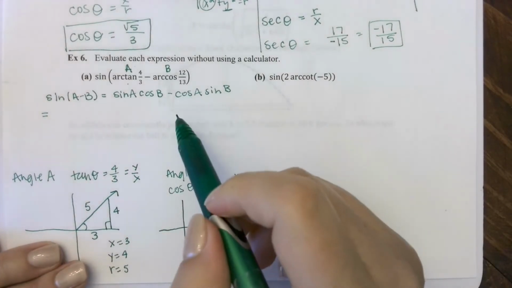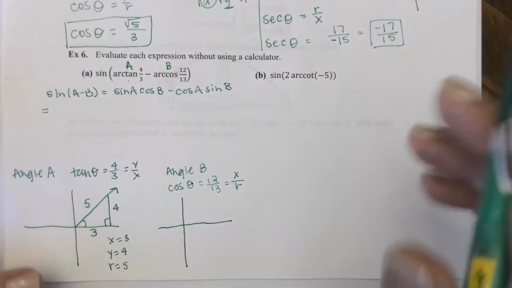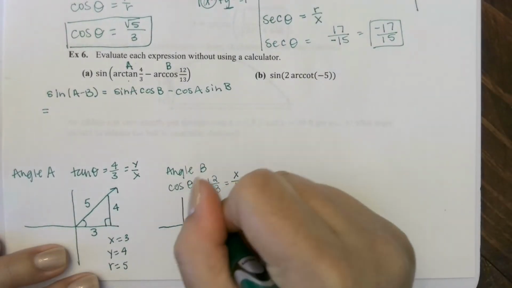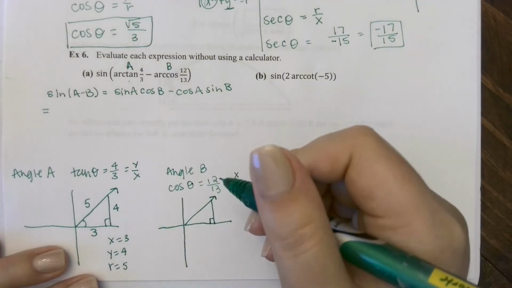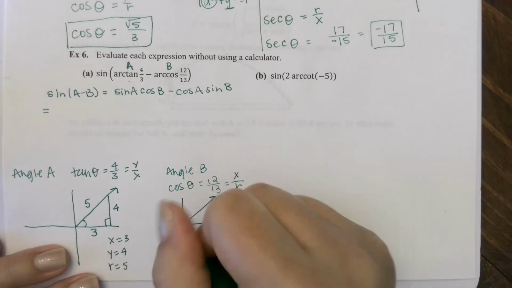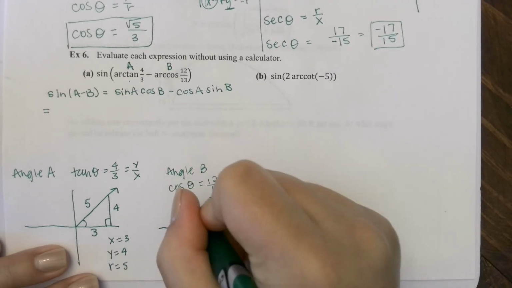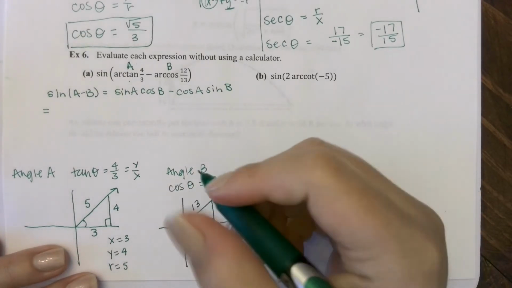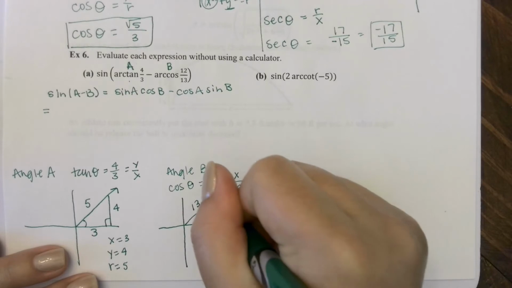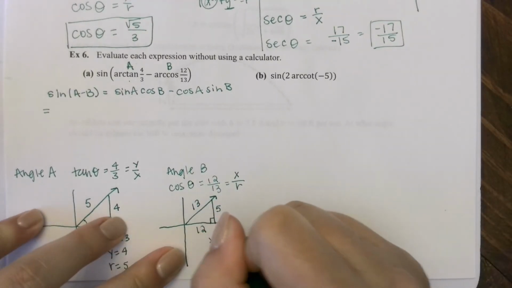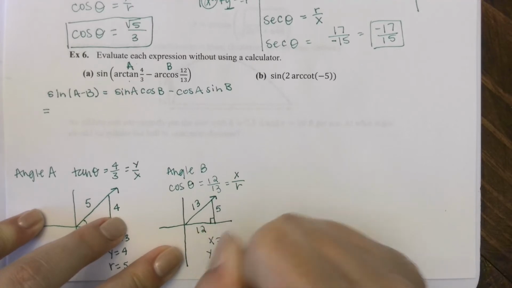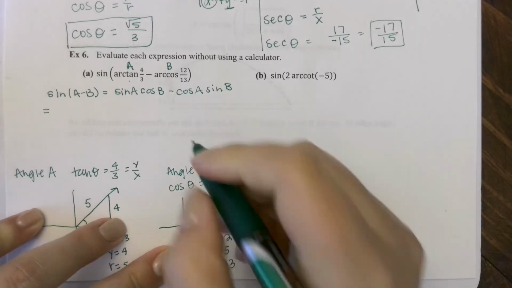So if it's positive for cosine inverse, then we are going to be in quadrant 1. So I have x is 12 and r is 13, and then that would give me y is 5, using the Pythagorean theorem. So x equals 12, y equals 5, and r equals 13.